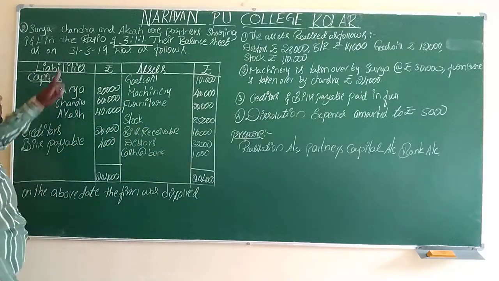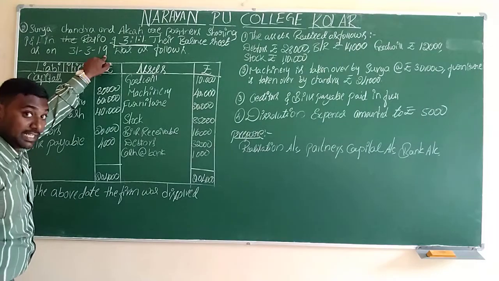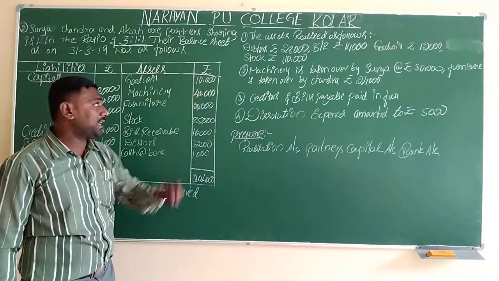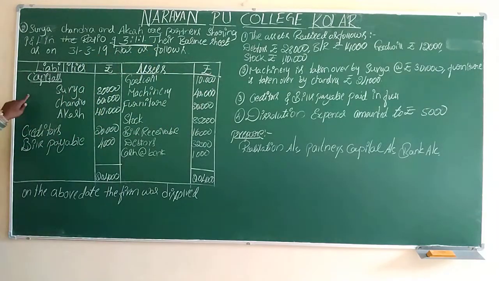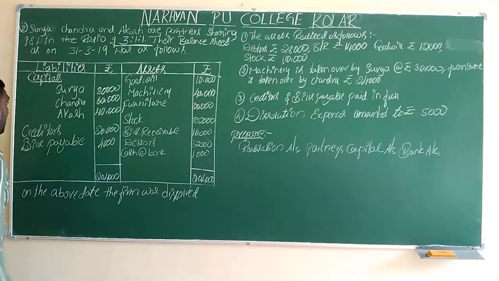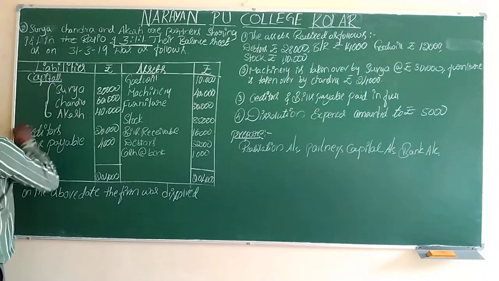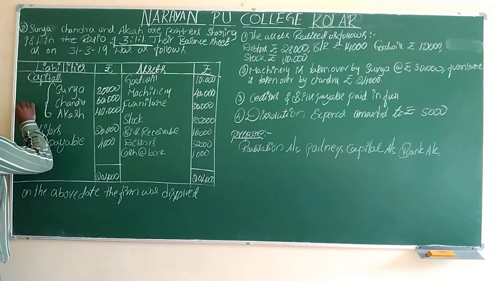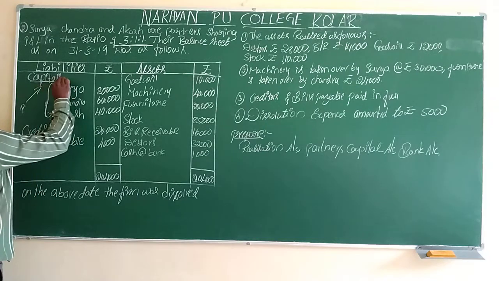Their balance sheet as on 31st March 2019 was as follows. So the balance sheet is given. Liabilities amount, assets amount. Under liabilities, 3 capitals are given. It will come to the partners capital account.